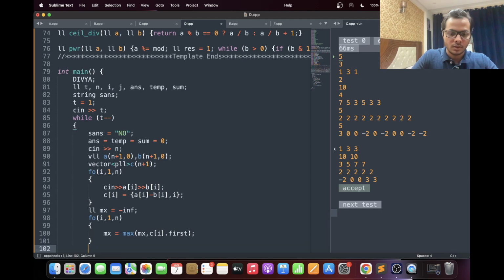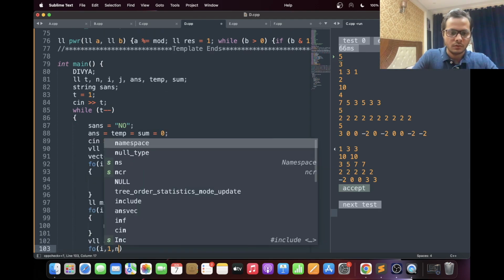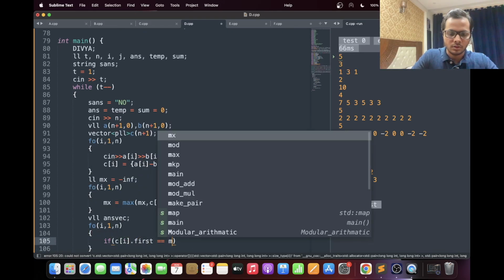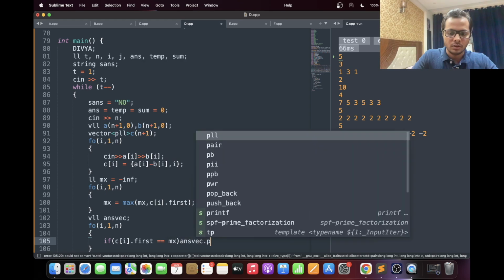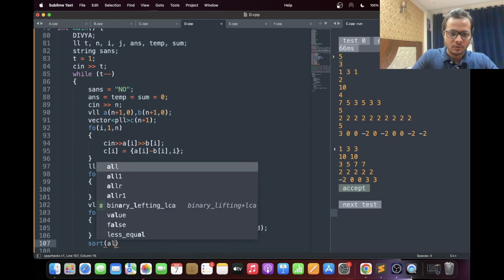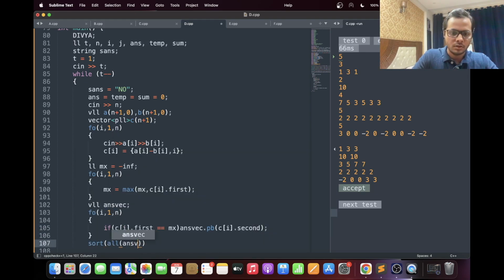Okay, now we'll create an answer vector and we'll just say if ci dot first is equal to maximum, then answer vec dot pushback ci dot second. Sort the answer vec.